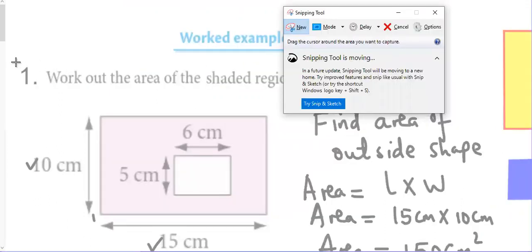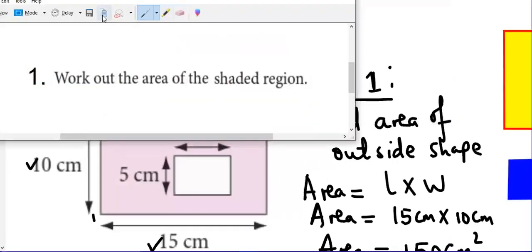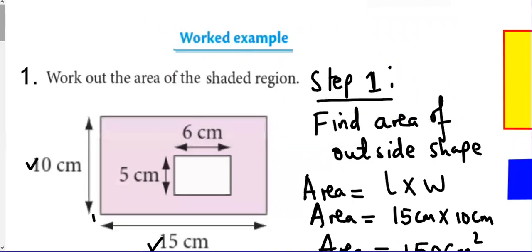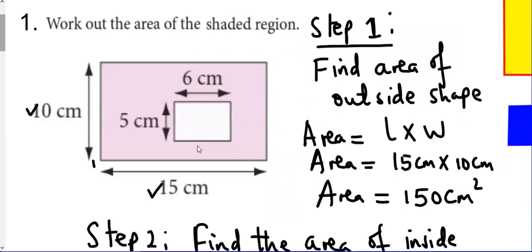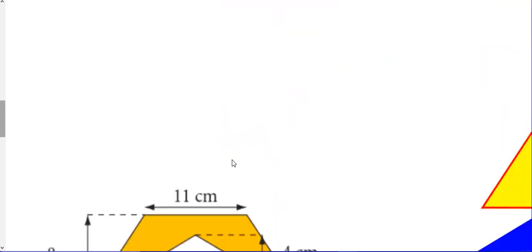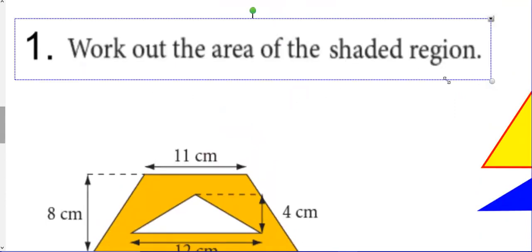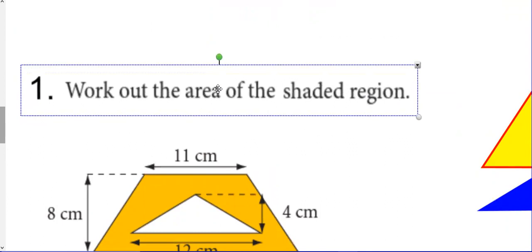So we are moving with the same question, the same instruction, which is instruction number 1, to find the area shaded. Okay, so there we go. Let me copy that instruction and put it here. Okay, so this is the instruction: work out the area of the shaded region.